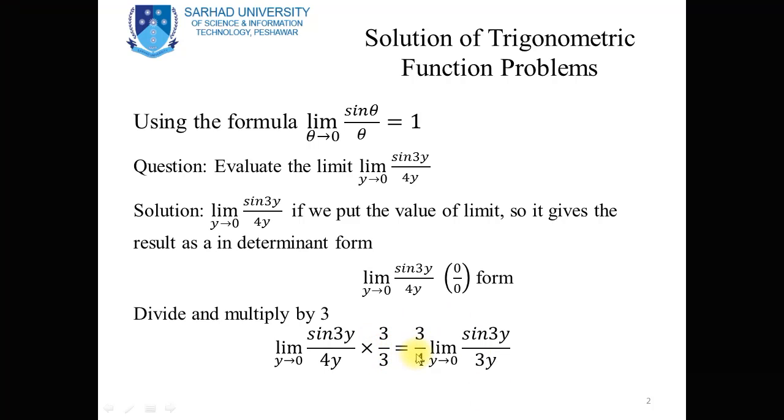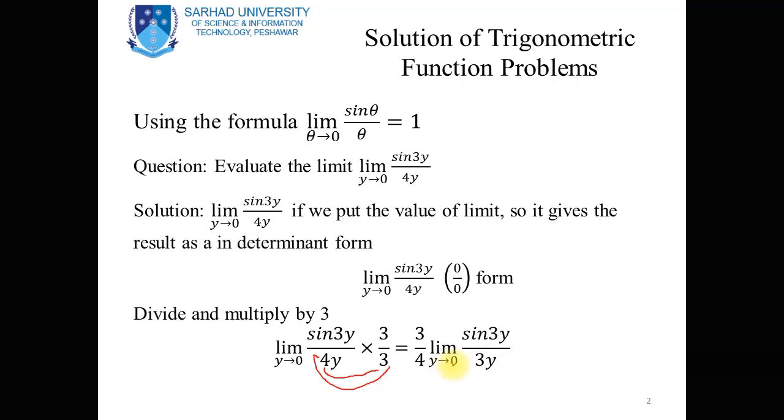So 3 by 4 times limit y tends to 0 of sine 3y divided by 3y. You see over here, just change the position of these two numbers: 4 will be in this position and 3 will be in this position. So we obtain 3 by 4 limit y tends to 0 of sine 3y divided by 3y. Now you see over here theta appears in the denominator and theta tends to 0.